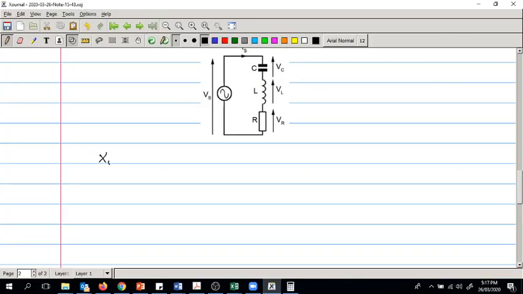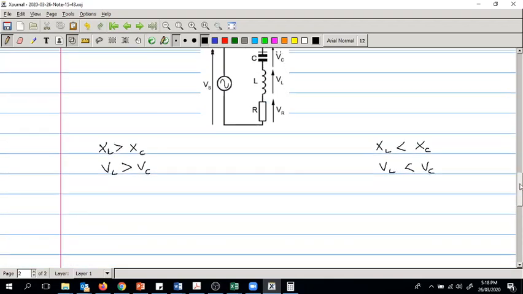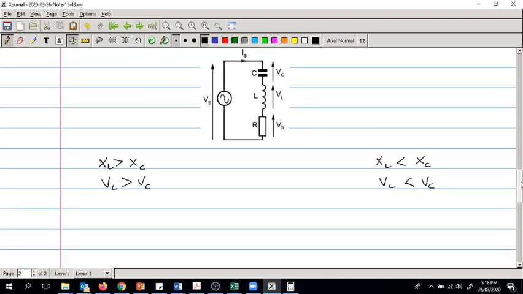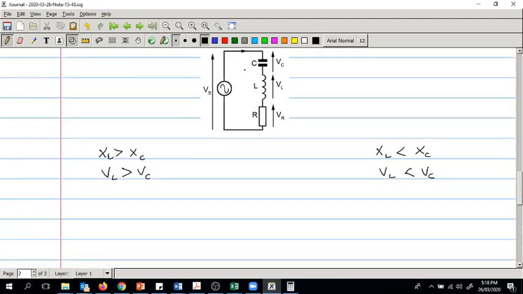So XL larger than XC means VL larger than VC. The second case we will draw on the other direction, which is XL less than XC or VL less than VC. So we will draw both, right? So we will take actually this one a little down, right? Okay.